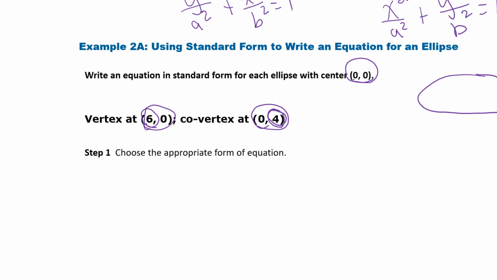So the x is larger than the y, so the major axis is going to be with the x. So we're going to use this formula. The vertex is going to be on the x-axis, and here's our formula: x squared over a squared plus y squared over b squared equals 1.